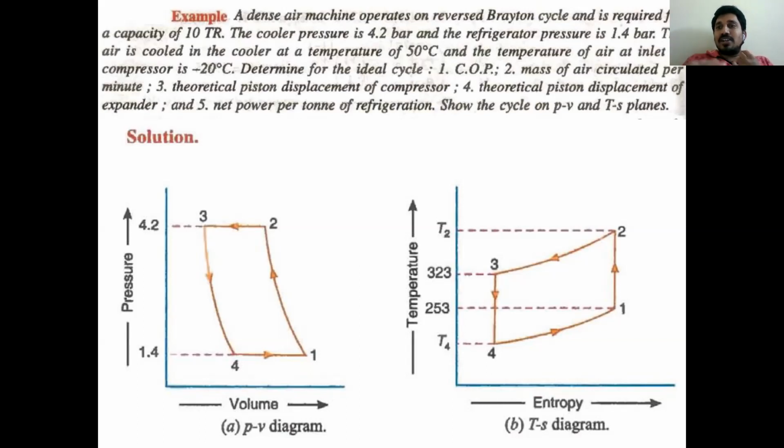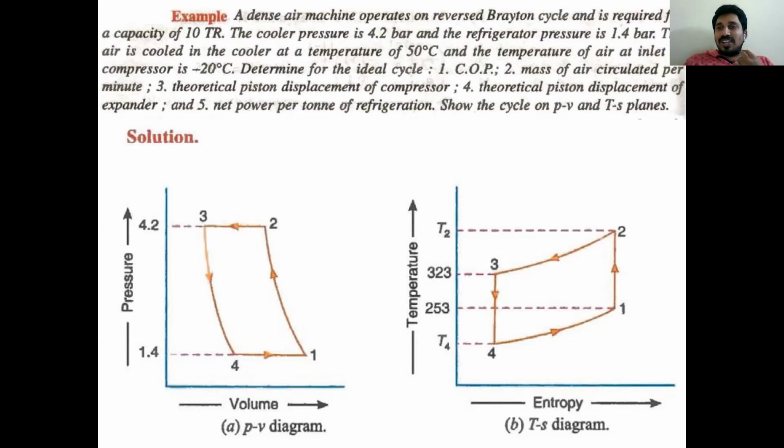After heat rejection, the temperature decreases, meaning the air is cooled. So after cooling you get 50 degrees Celsius, which is section 3, before entering the expander or at the end of the heat exchanger. Section 3 value is 50 degrees Celsius, so T3 is given as 50.